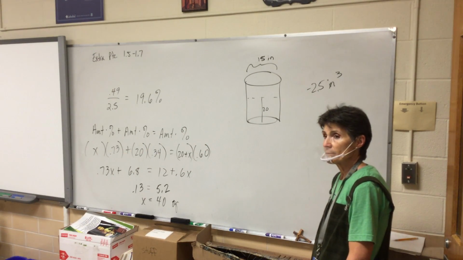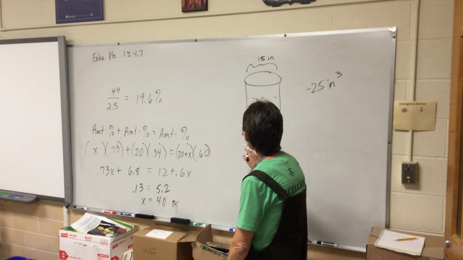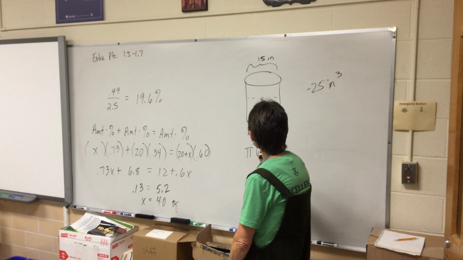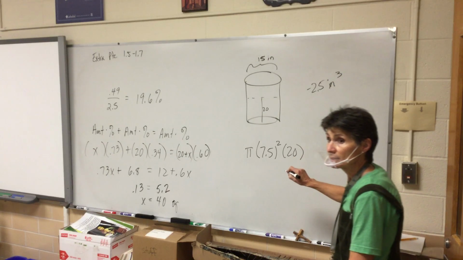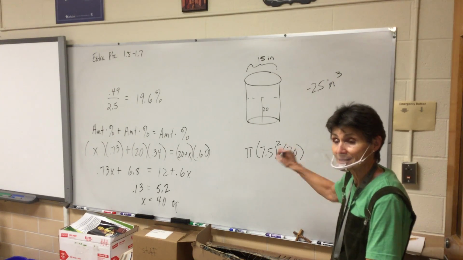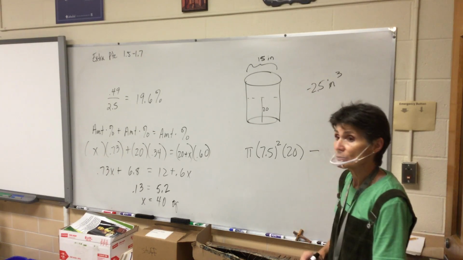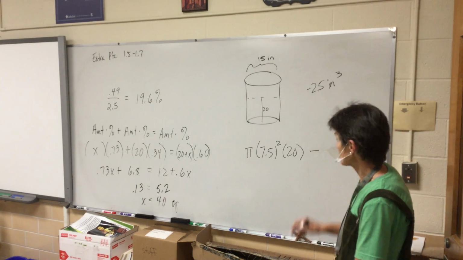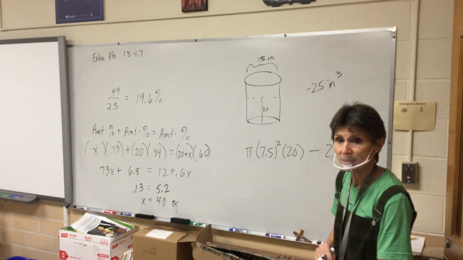What is the formula for the volume of a cylinder? Pi r squared h. So we're going to take pi times 7.5 squared times 20. That's how much water is in the tank right now. Some is running out. How much is running out? 2.5 every minute or second, whatever the unit is there.